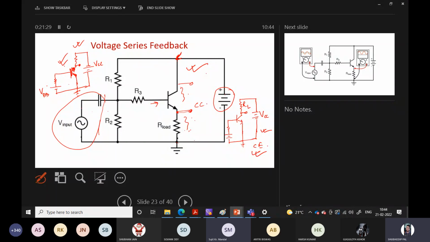So what is thermal runaway? What I wanted to say in the beginning, why proper biasing circuit is required, or what it means by stability, you will understand from here.